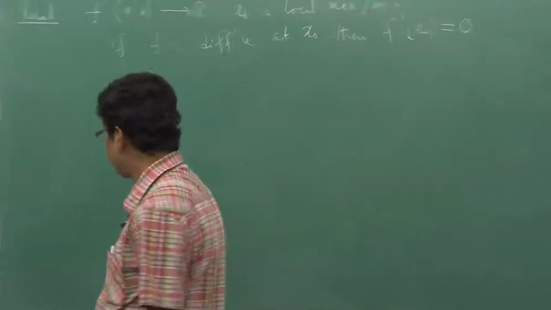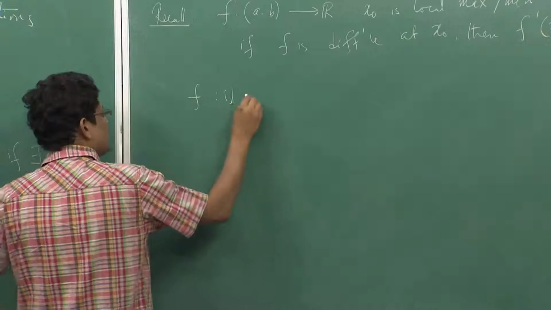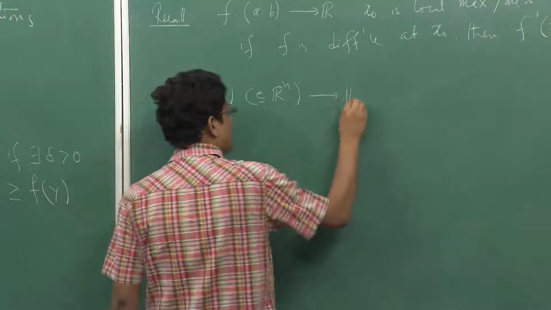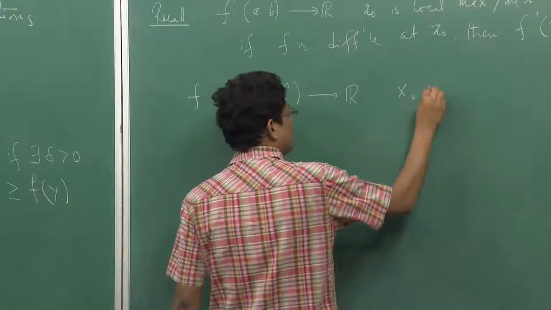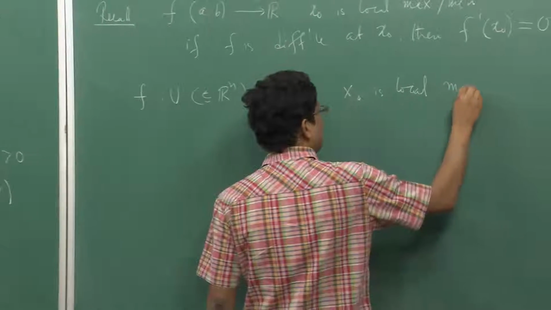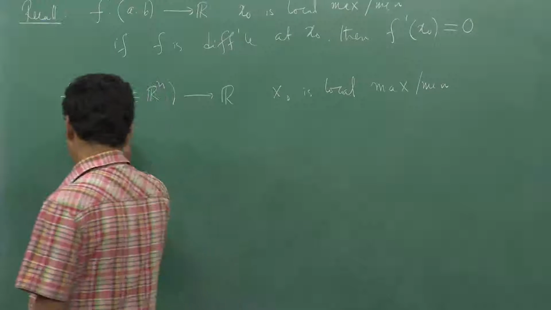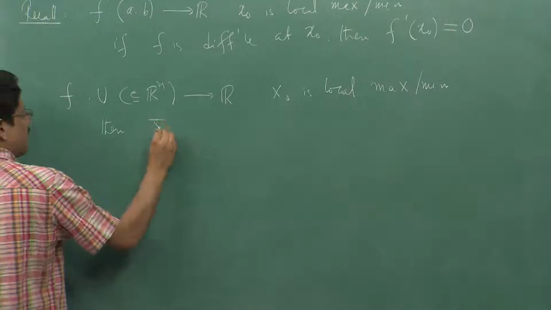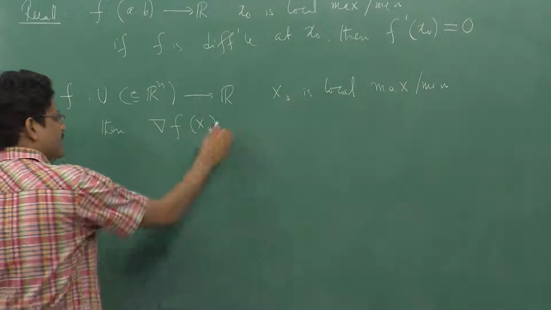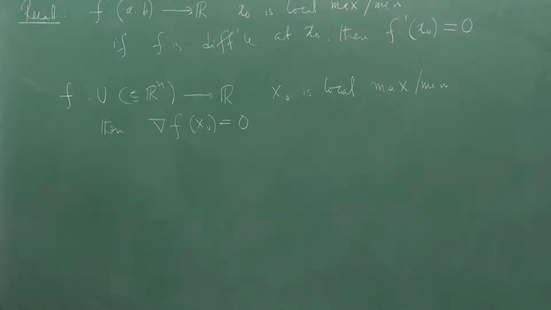So the same thing happens: if f from U in Rn to R has a local maximum or minimum at x naught, then grad f at x naught is the 0 vector.